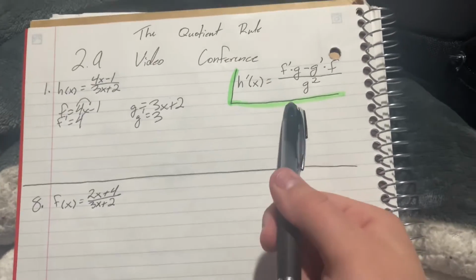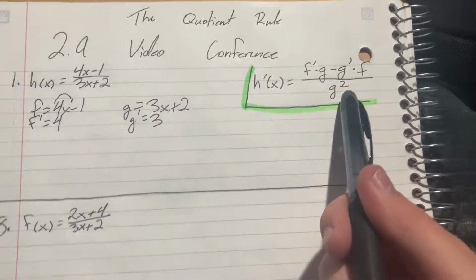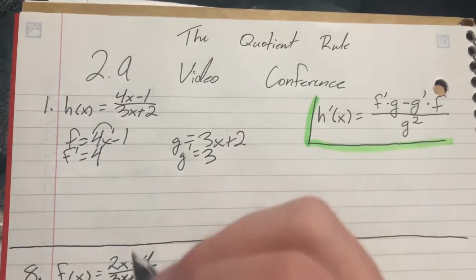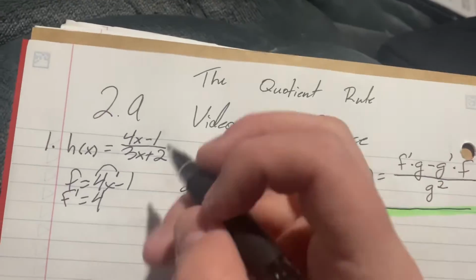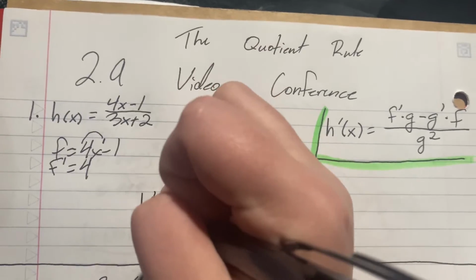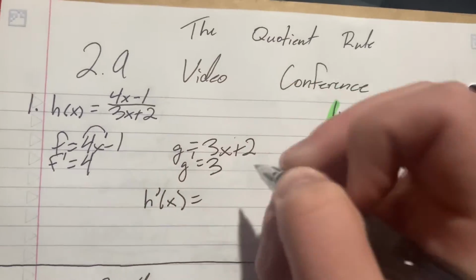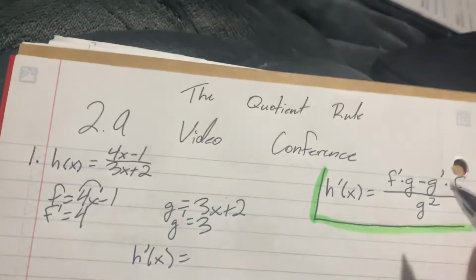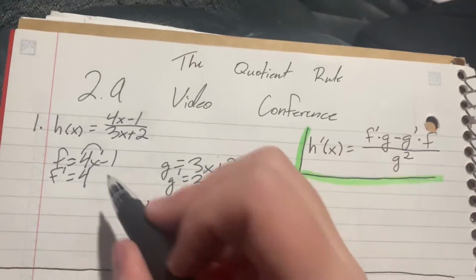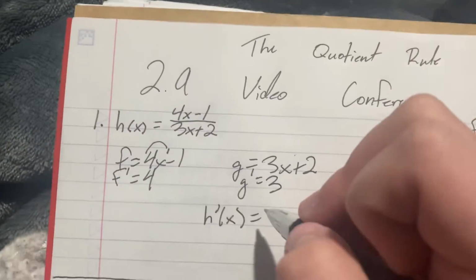So this is the equation for the quotient rule. So you plug in all the numbers. So in this instance, the derivative of h of x would be equal to derivative of f. So you take this number, plug it in.